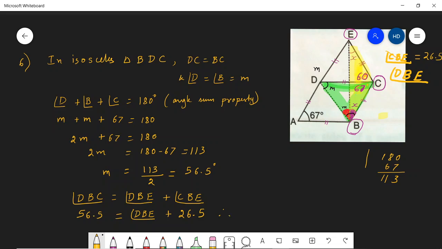Therefore, angle DBE equals 56.5 minus 26.5, sending 26.5 to the other side, which is 30 degrees. So that's it, we found angle DBE equals 30.